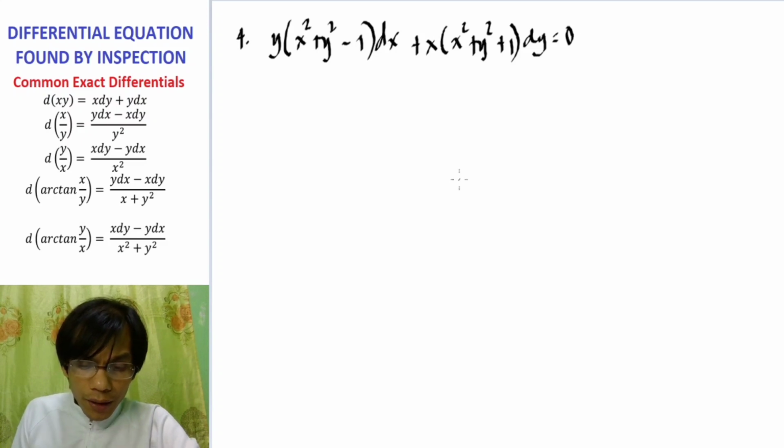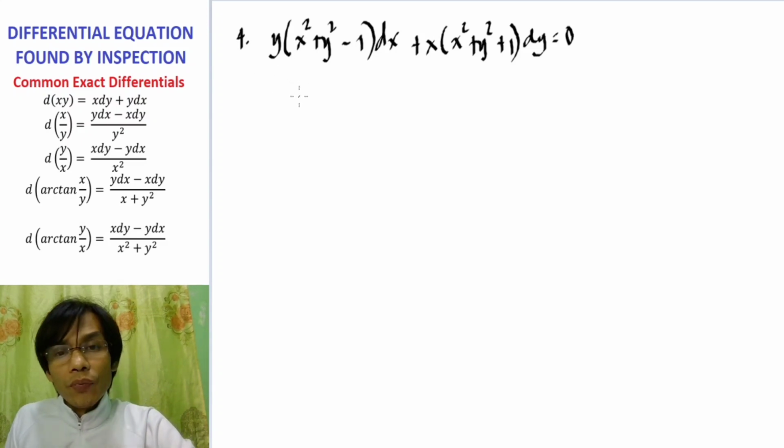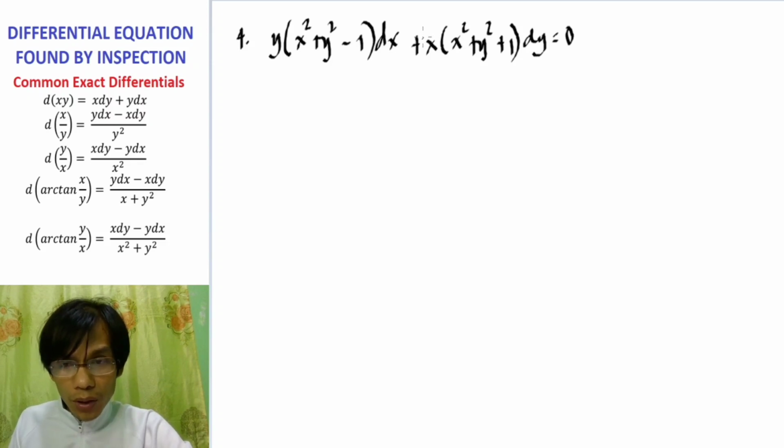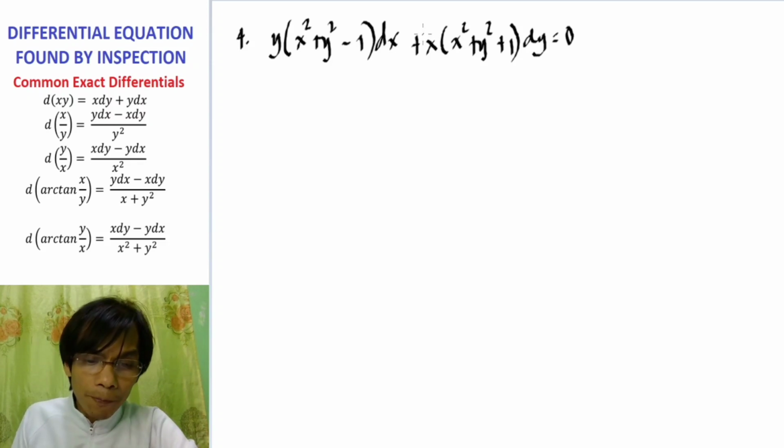Okay, so let's have another example. For example number 4, we have y times the quantity x squared plus y squared minus 1 dx plus x times the quantity x squared plus y squared plus 1 dy is equal to 0. Now again, we have to distribute.